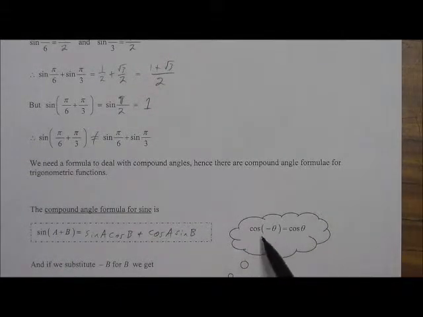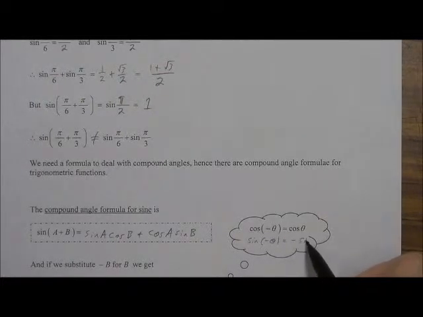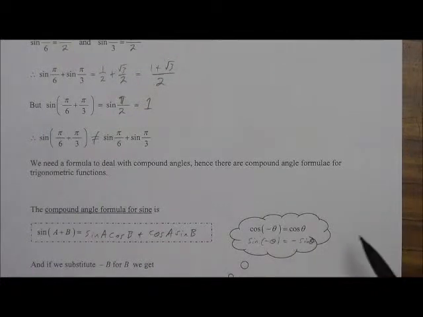Okay? Cos of negative theta is cos theta from the CAST rule, and sine of negative theta is negative sine theta, again from the CAST rule. Being that if this is a negative angle, then the angle would go down into the fourth quadrant, where only cosine is positive and sine is negative.